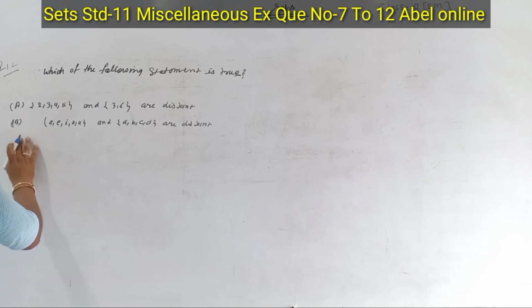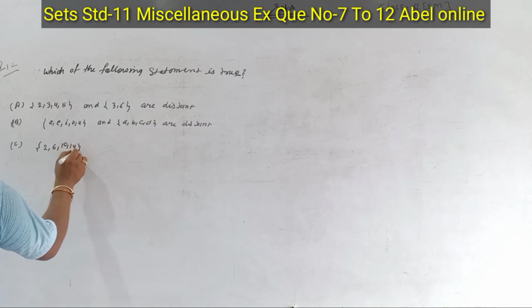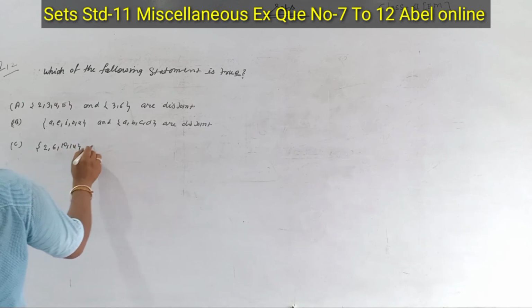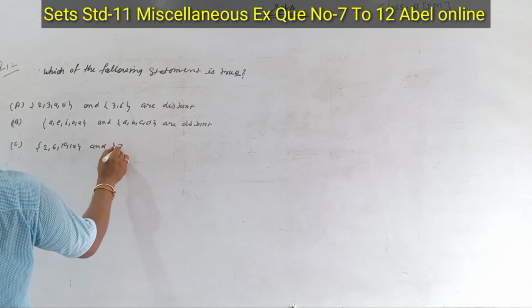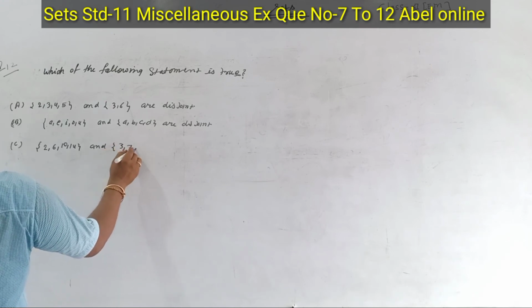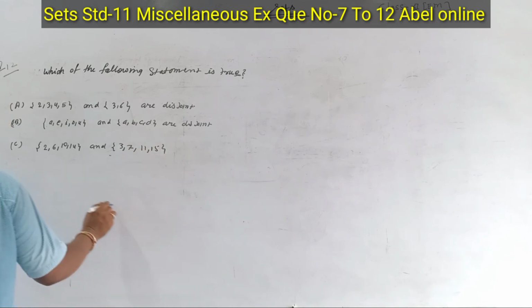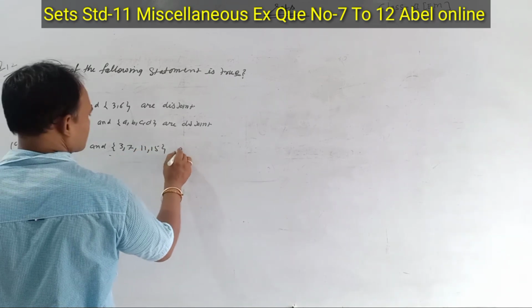All questions are related to disjoint sets. Next, C: 2, 6, 10, 14 and 3, 7, 11, 15 are disjoint.